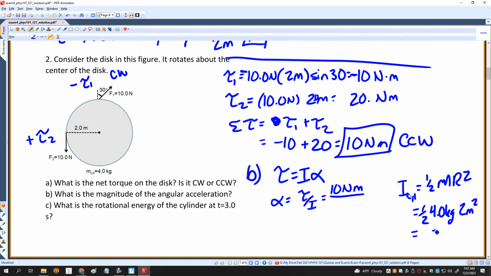That's 2 times 4, 8 kilogram meters squared. So that's my I. So 10 divided by 8. Is that 5/4? 1.25, right? Or 1.3 really would be the correct sig figs here.